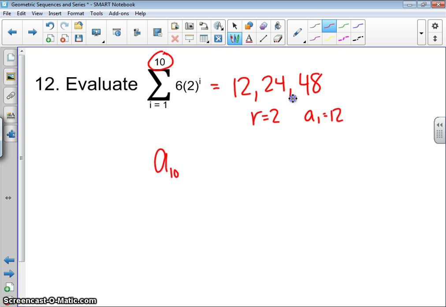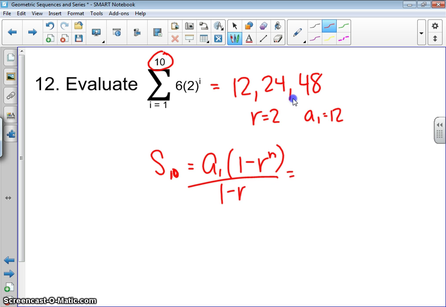S10, I'm trying to find the sum of the first 10 terms, because I'm finding the sum. So S10 is going to be a1 times 1 minus r to the n, all over 1 minus r. So this is going to be a1, which is 12, times 1 minus 2 raised to the 10th, all over 1 minus 2.